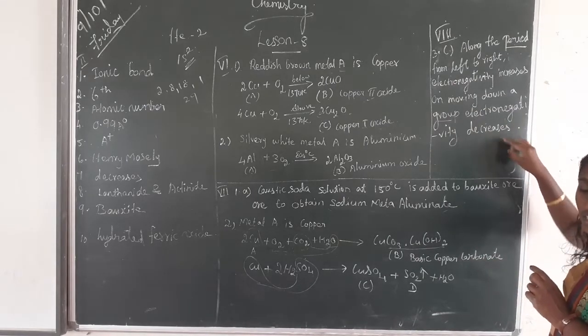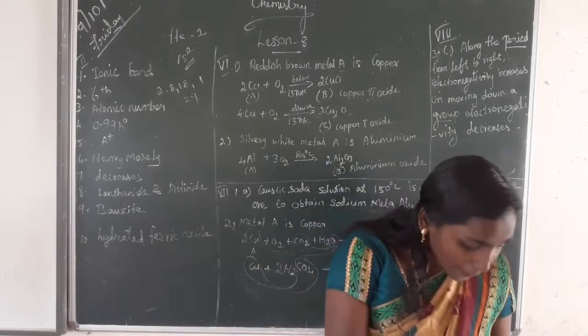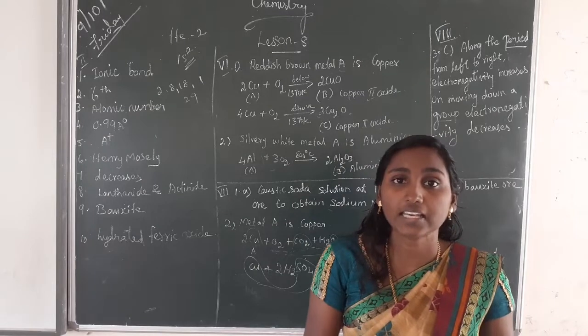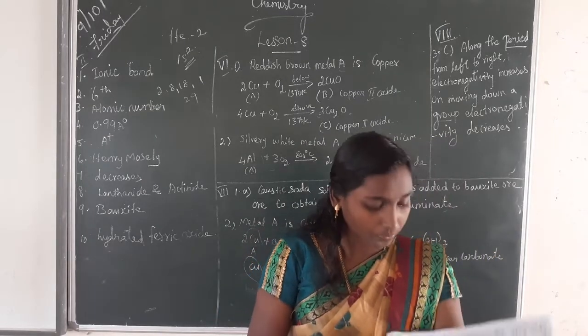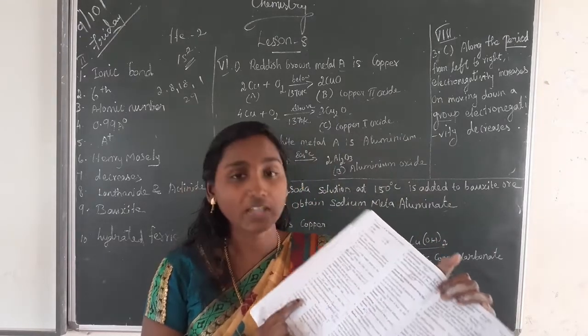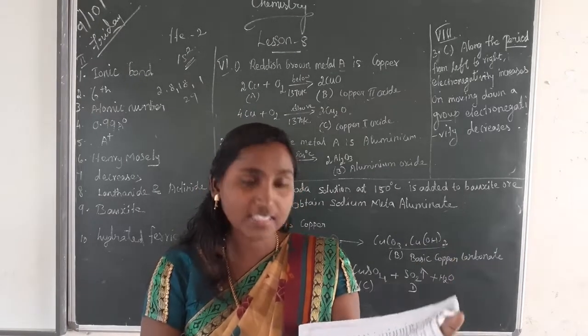Have you understood? Then one more Roman letter is left, that is page number 122. Match the following. Roman letter 3, match the following. See the first one, galvanization. What is the answer?